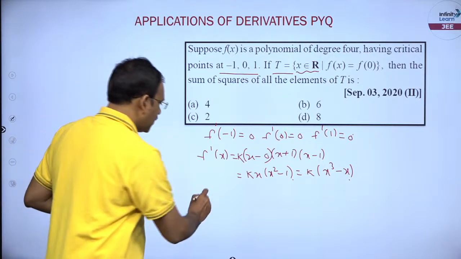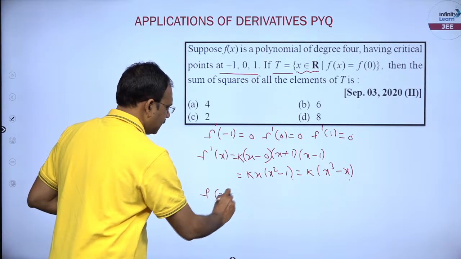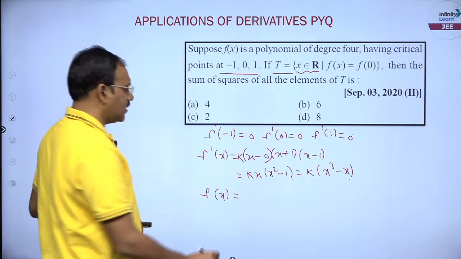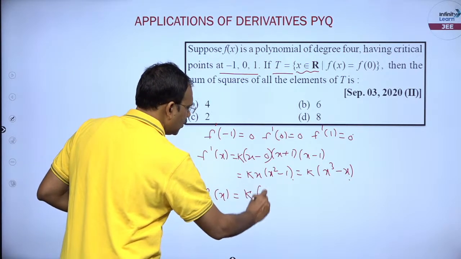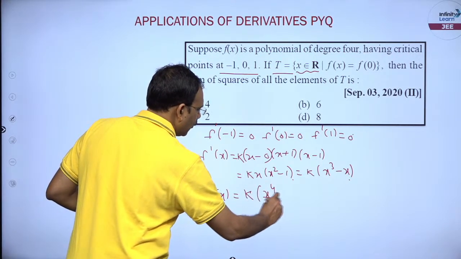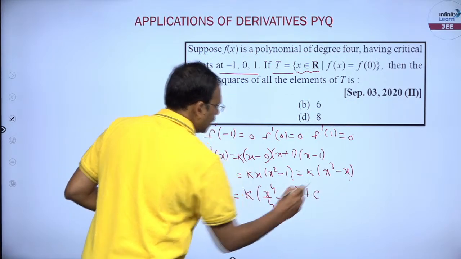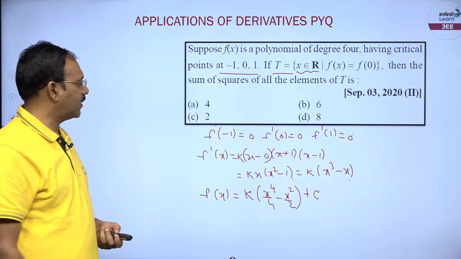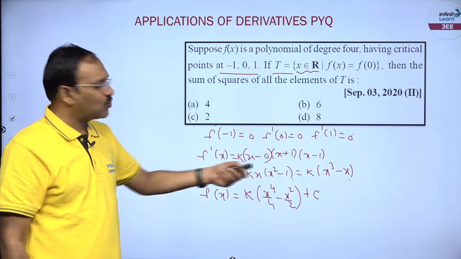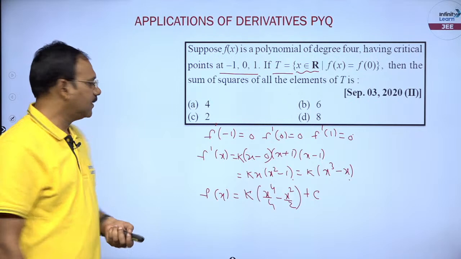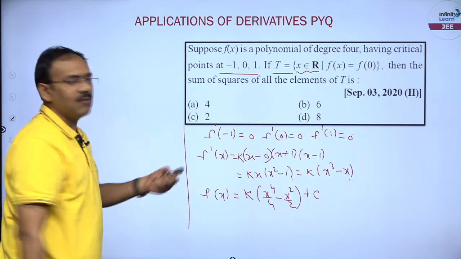From this, dear student, can you say f of x? F of x is going to be its integral k into x power 4 by 4 minus x square by 2 plus c. This is going to be f of x. Now, f of 0 is going to be c itself, right. Now, you need to solve the equation.